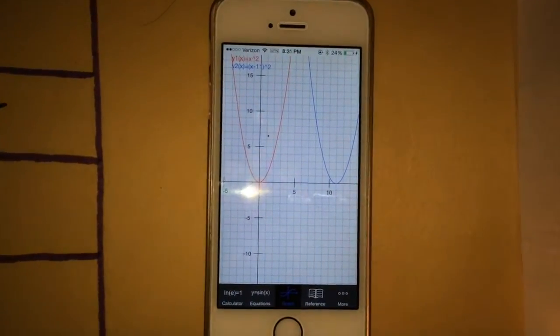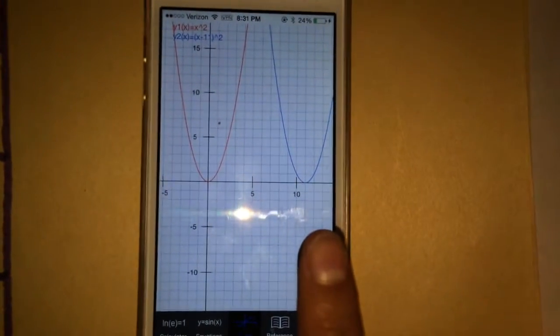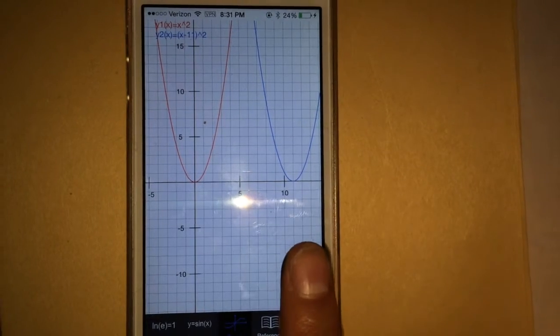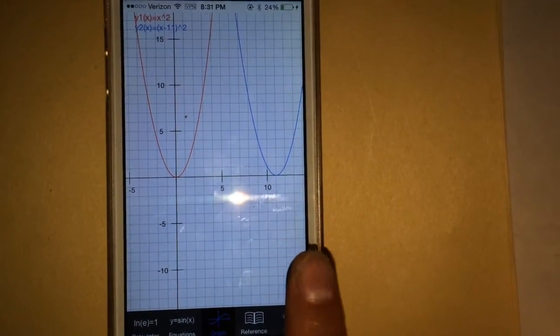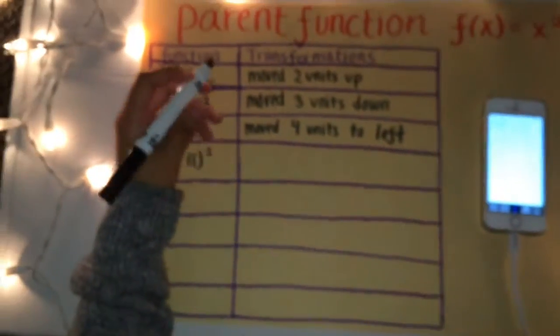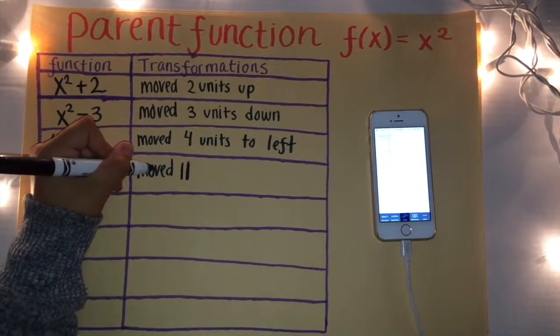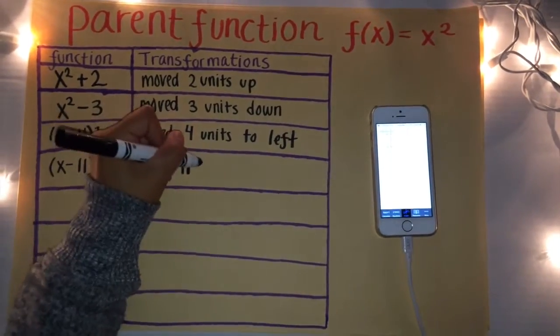This time, the blue line is moved 11 units to the right, due to subtracting 11 from x by itself rather than the parent function x squared. This means that the subtraction of 11 from x moved the parent function 11 units to the right.